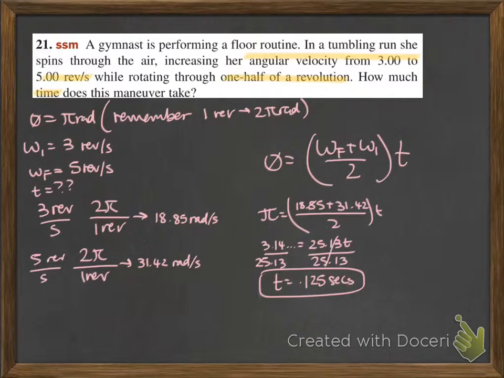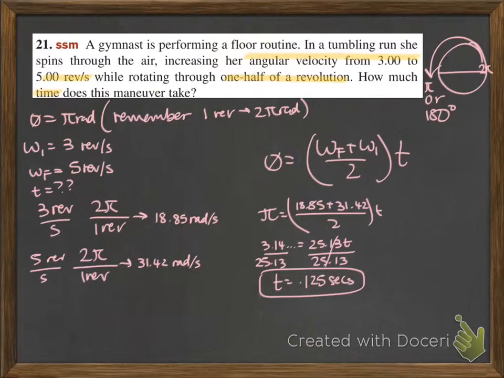Okay, so if it's 1/2, you already know 1 revolution is going to give you 2 pi. I don't know if you guys have learned unit circle. Probably already have. If it's half, you know at that point you're going to be at pi, or 180 degrees. So how much time does it take for this maneuver? So you already know that theta equals pi radians, and you know the initial velocity equals 3 revolutions per second, and you know the final velocity is 5 revolutions per second.